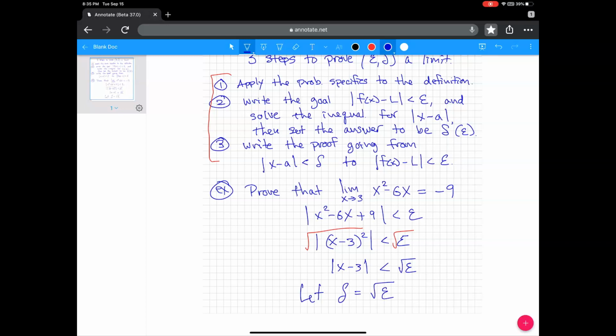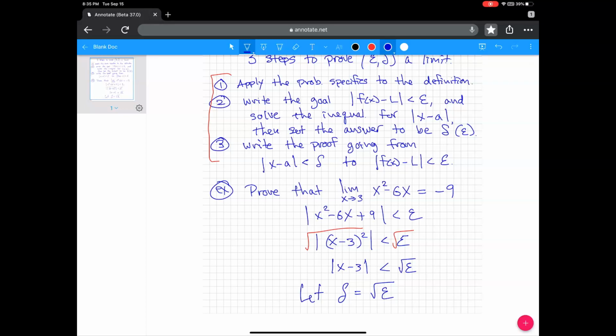And that's part 2. We set the answer to be delta, which will be a function of epsilon, meaning delta will be equal to some expression involving epsilon, in this case, the square root of epsilon. Could have been epsilon plus 2 or times 5. In this case, it was the square root of epsilon. It'll be some function of epsilon.